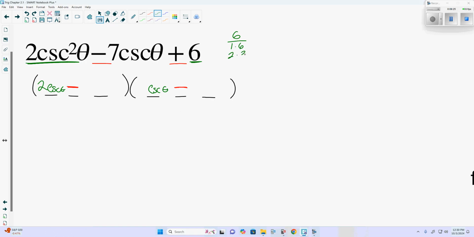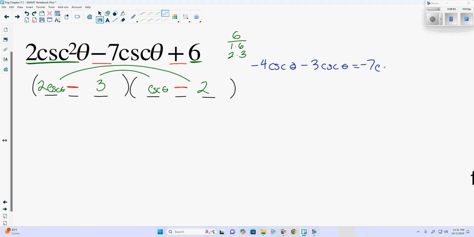1 and 6, 2 and 3. Which one do we want to try first? 2 and 3. Which, 2 or 3, goes here? 3, 2. And if we check this, 2 cosecant of theta times -2 would be -4 cosecant of theta. -3 times cosecant of theta would be -3 cosecant of theta, giving us -7 cosecant of theta.